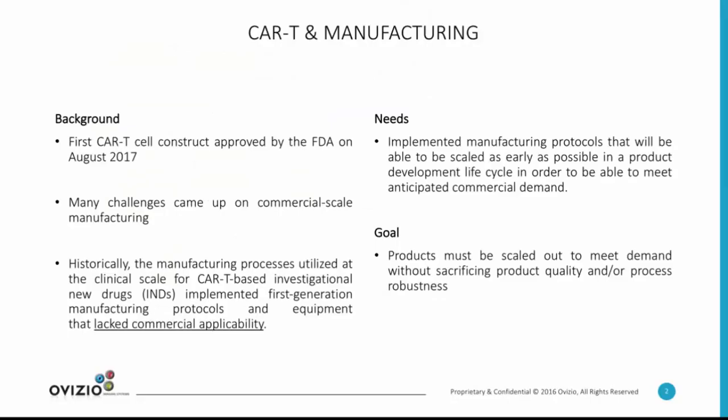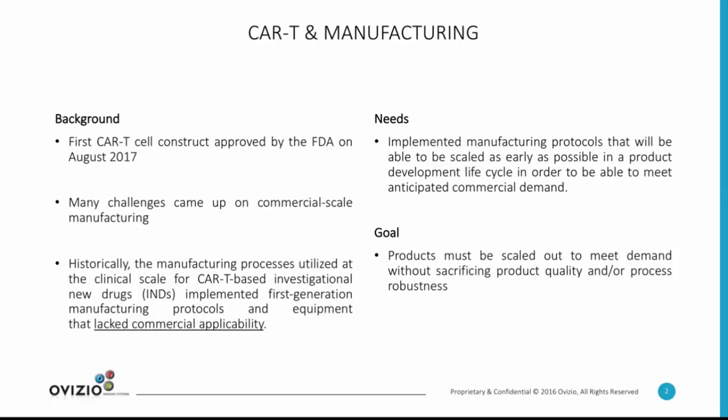So if we have a look at CAR T and its manufacturing process, if we start with the background, last year during summer in August, the first CAR T cell construct was approved by the FDA. But still up to today, many challenges came up on the commercial scale manufacturing.